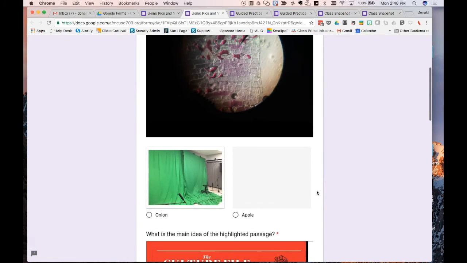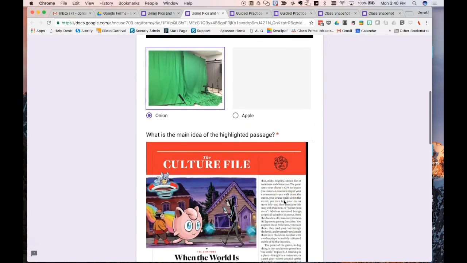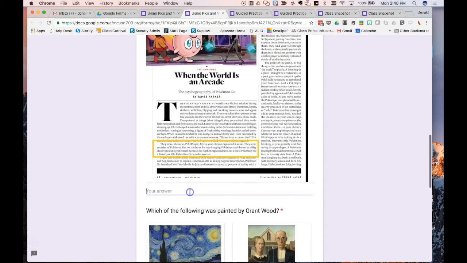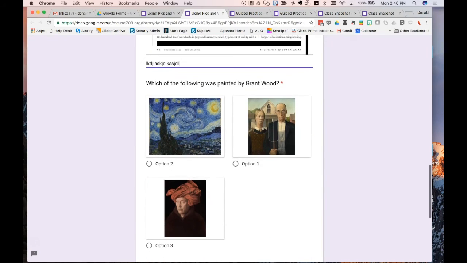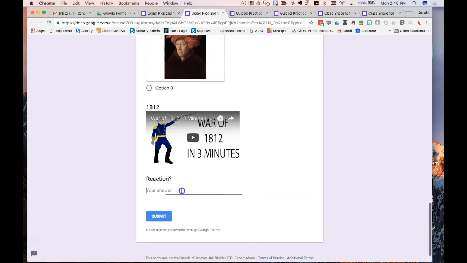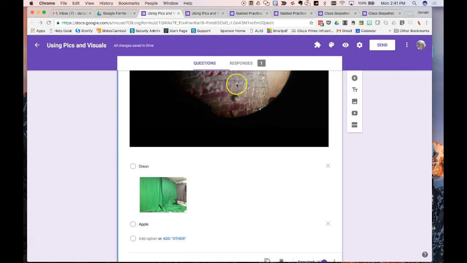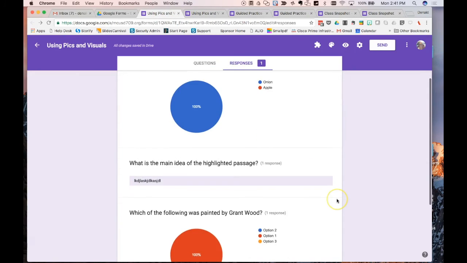And so I do know that this is an onion. I would type out the main idea. This is the Grant Wood. And then again here, and I submit it. Now, what I can do is, there are my responses.